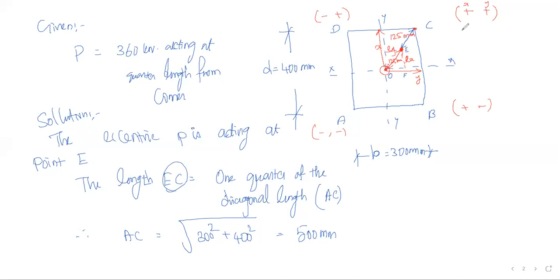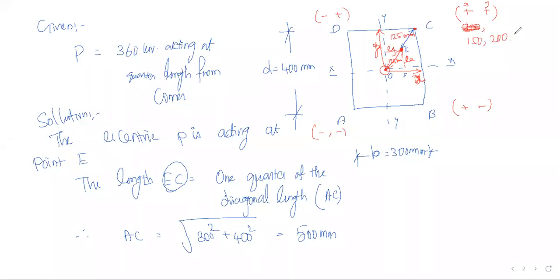So for the first point the x value is 150 and the y value is 200.